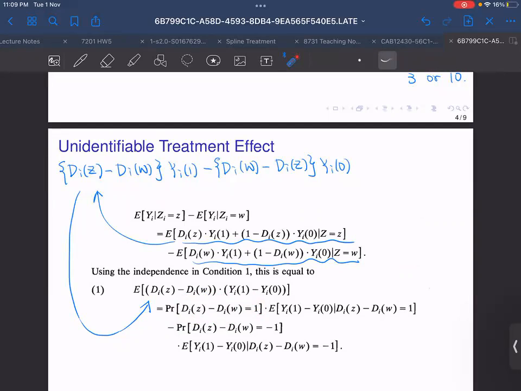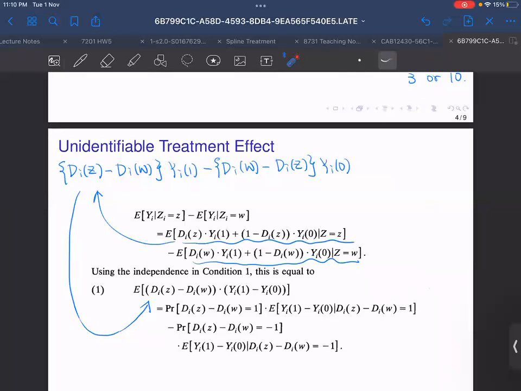So there's no difference in the treatment effect, and you cannot estimate the treatment effect from that individual i, right? For example, if I'm very patriotic, whether I get 3 or 10, I will always join the army. There's no way for you to know the treatment effect on my lifetime income, because I will always join the army.